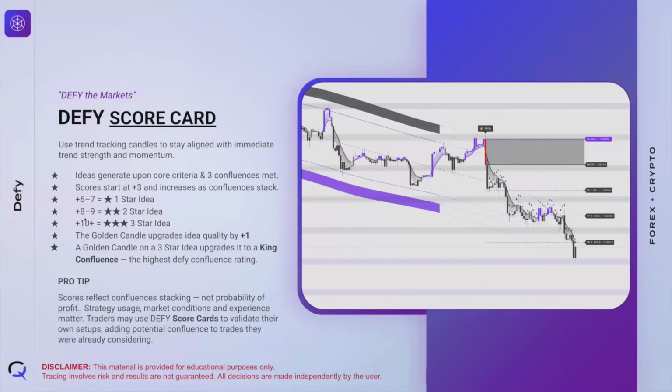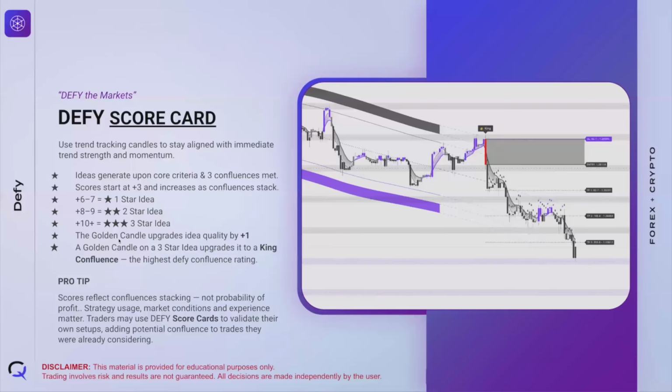If you ever see when there are 8 to 9 confluences stacked at the same exact time, it's going to be rated as a 2-star idea. And then whenever there are 10 or more confluences that are stacked, it's going to turn into a 3-star idea.